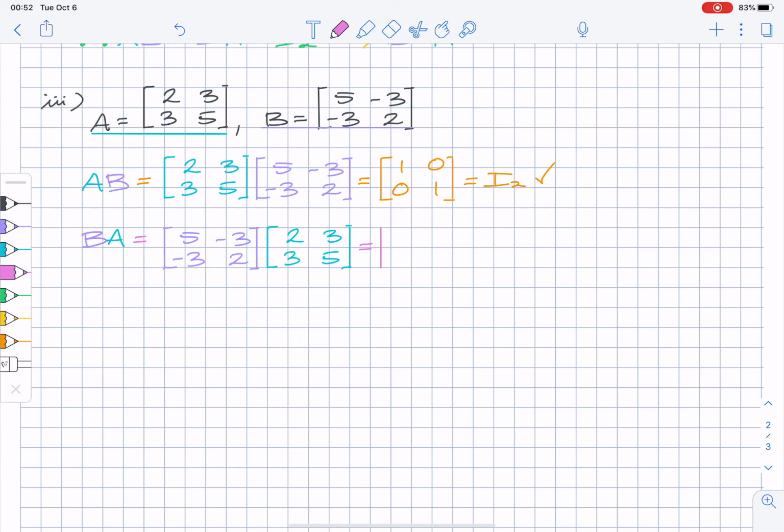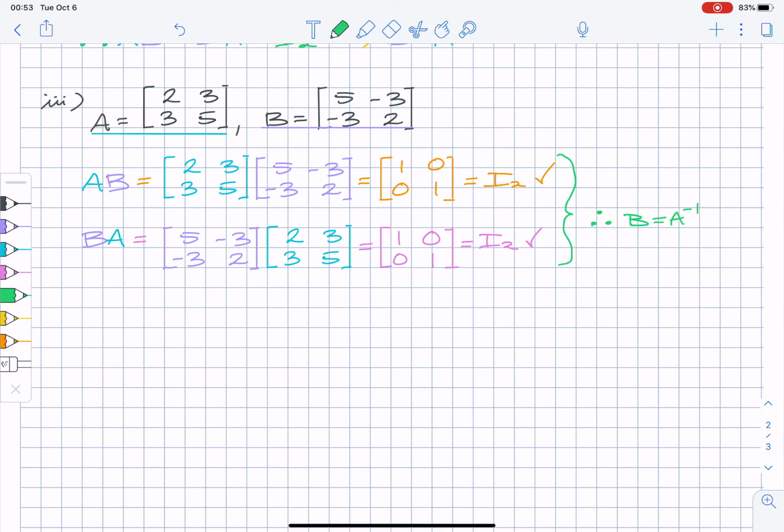Looks like it's going to be 5 times 2 is 10, minus 3 times 3 is 9, 10 minus 9 is 1. Then the second row in the first column will be minus 6 plus 6 is 0. Then first row, second column, 15 minus 15 is 0. Then second row, second column will be negative 9 plus 10 is 1. Okay, so that is indeed I sub 2. So therefore these two imply B is indeed A inverse.